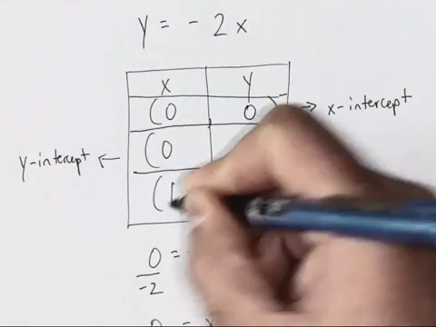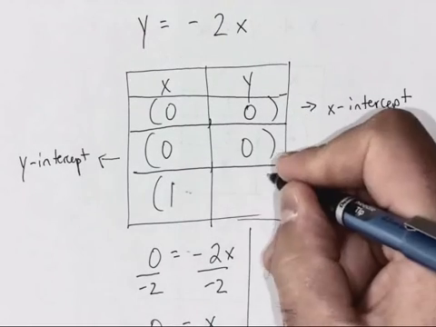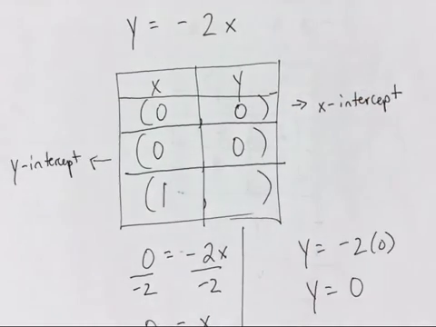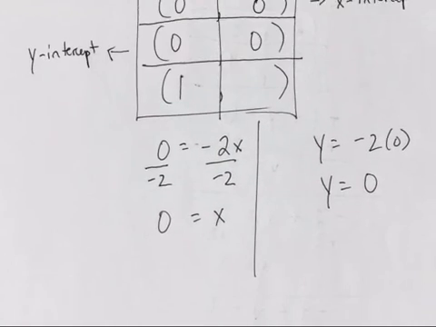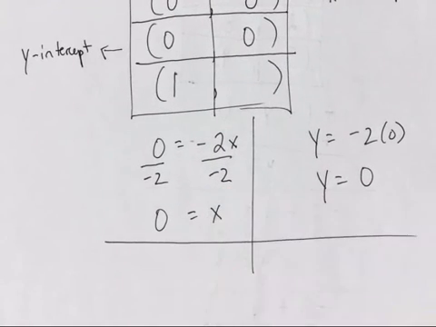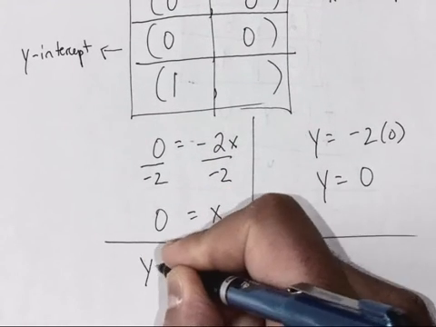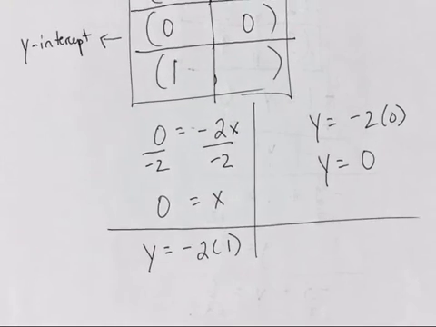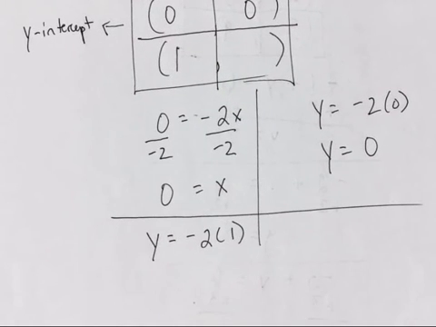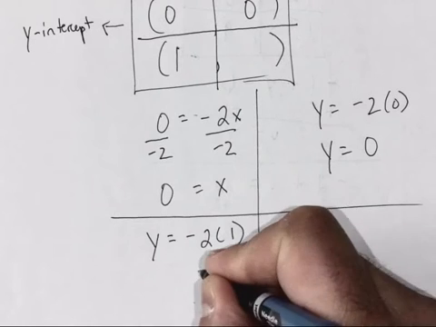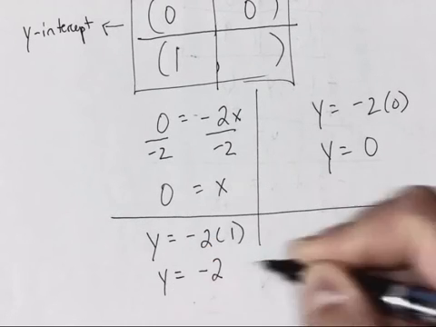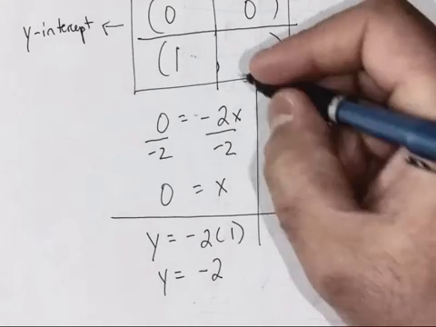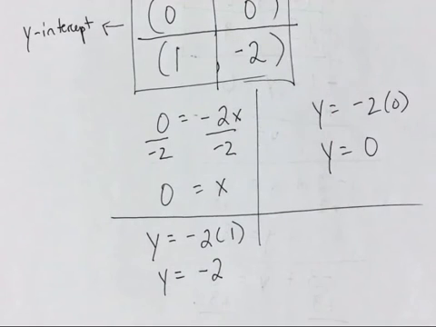Let's just use 1 for x. So if I plug 1 in for x here, then I get negative 2 times 1, which is negative 2. So then that ordered pair is going to be 1, negative 2.